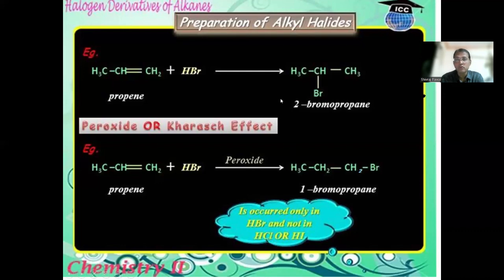So Markovnikov's rule gives a secondary alkyl halide product and the peroxide effect gives a primary alkyl halide product. So this is about the preparation of alkyl halide. One reaction was substitution reaction and one reaction was addition reaction. Thank you.